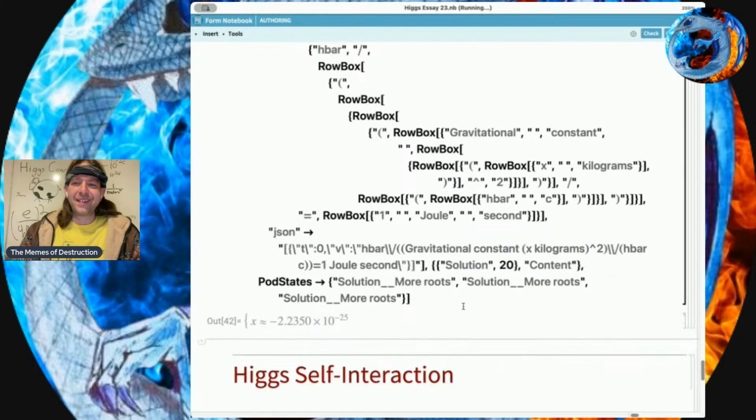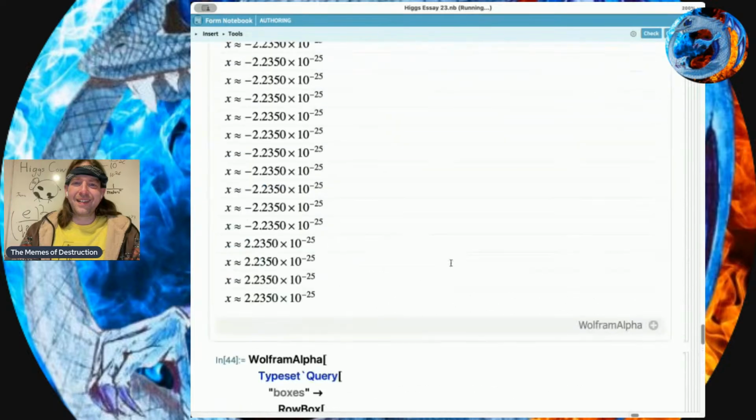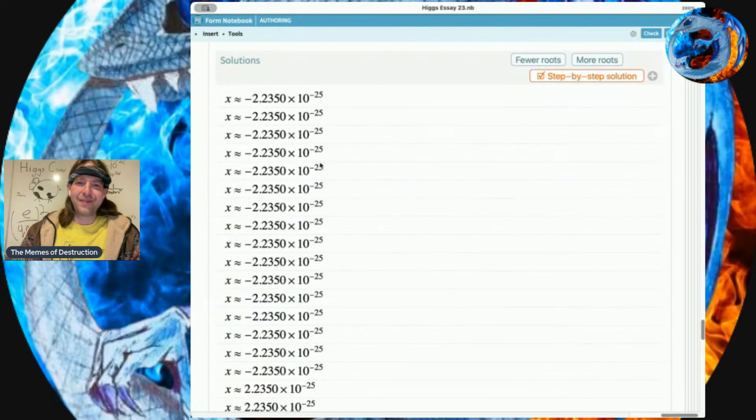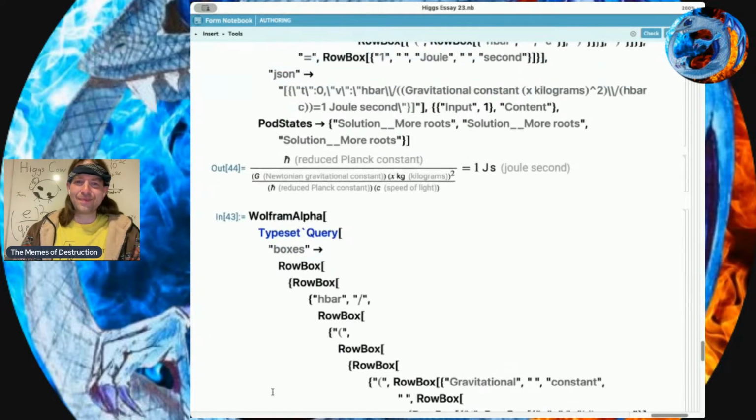Is it really the 20th root? Oh, 1, 2, 3, 4, 7, 8, 9, 10, 11, 12, 13, 14, 15, 16, 17, 18, 19. Oh, okay, I need the 19th root.